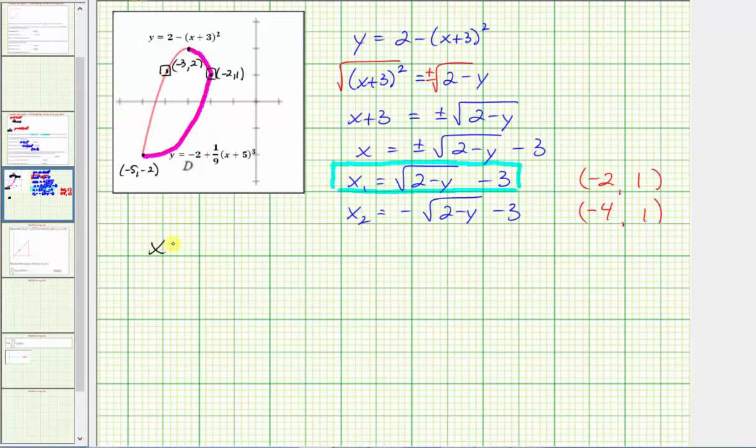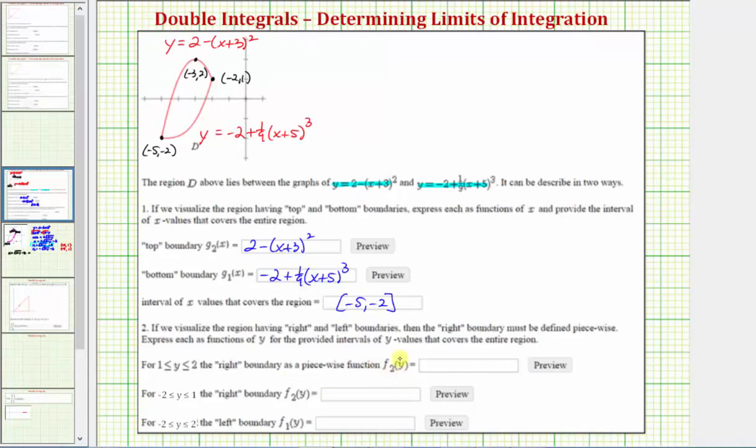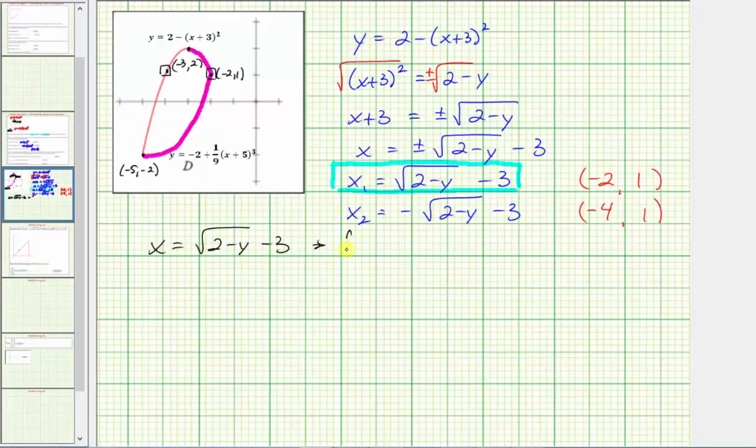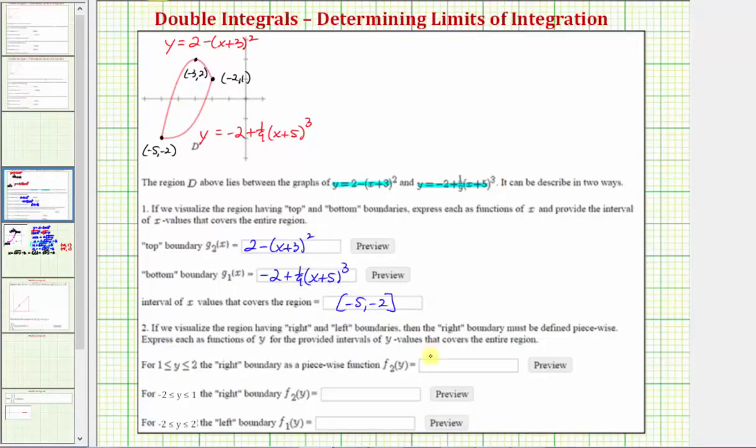And again, if x is equal to the square root of the quantity 2 minus y, minus 3, because x is equal to f of y, we can say f sub 2 of y is equal to the square root of 2 minus y, minus 3. So going back to the previous slide, again, this is going to be the square root of 2 minus y, minus 3.